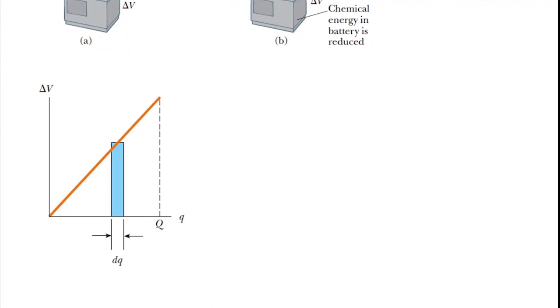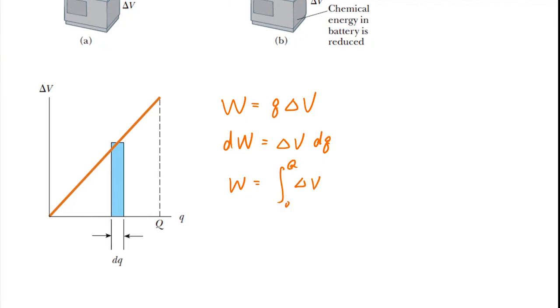Yes, it is. Remember, the work is your charge times your potential difference. Remember that? So what we want is dW equals delta V times dQ, a tiny bit of charge that you put in. Now we can integrate from 0 to the total charge Q. That makes sense to you?